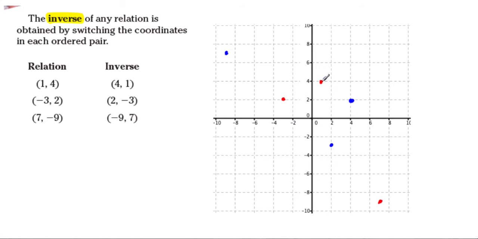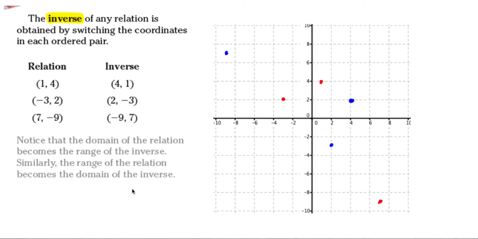Okay, so the red is the relation, and the blue is the inverse of the relation. And if you notice, the domain of the relation becomes the range of the inverse. Similarly, the range of the relation becomes the domain of the inverse.